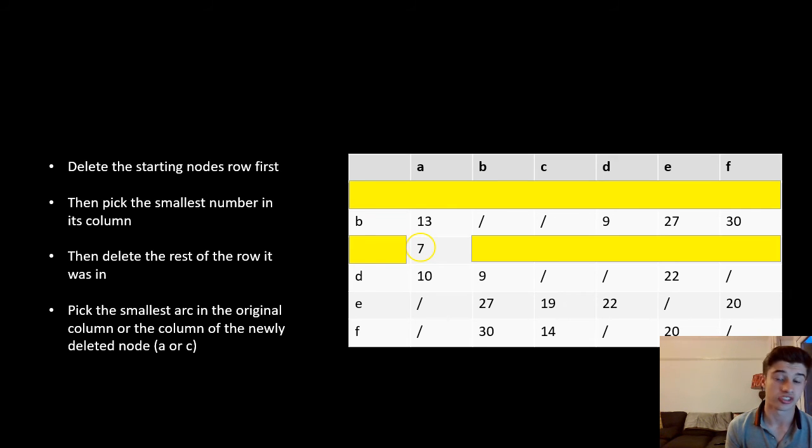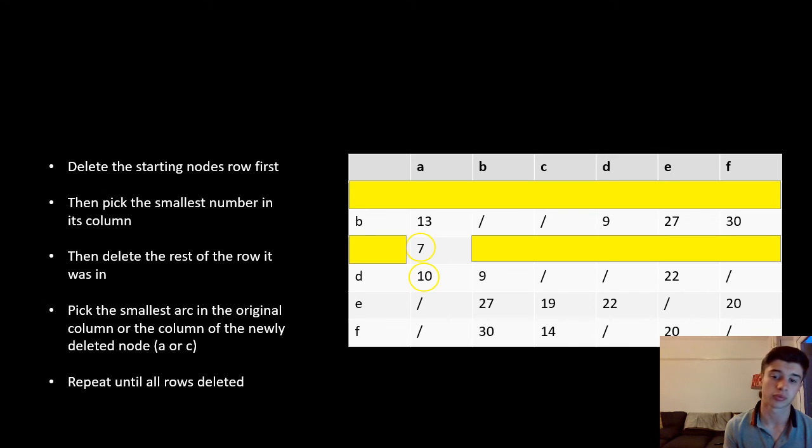So that is C's column as well, so A or C. And this is essentially the same as arcs going from A or C. However, again, we don't want to go back to A or C, hence why we've deleted A and C's row, so we can't do that. So we only pick from the rest of the remaining A column and the remaining C column. This ensures no cycles happen. So you see I picked A to D because that's the smallest one, that is 10, circled that.